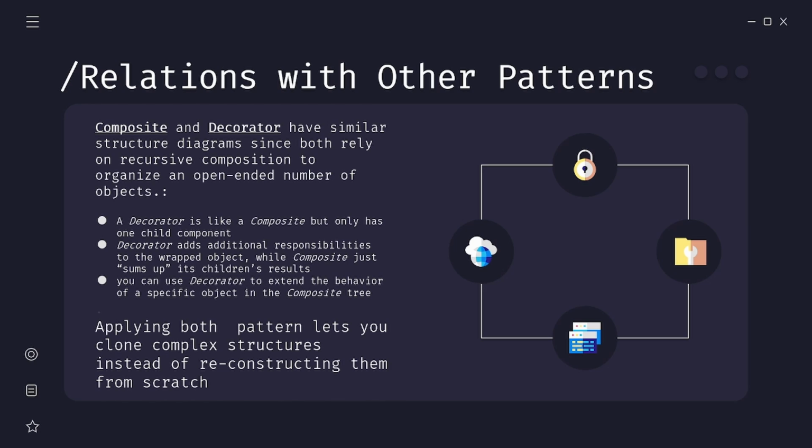Decorator adds additional responsibilities to the wrapped object, while composite just sums up its children's results. You can use decorator to extend the behavior of a specific object in the composite tree. Applying both pattern lets you clone complex structures instead of reconstructing them from scratch.